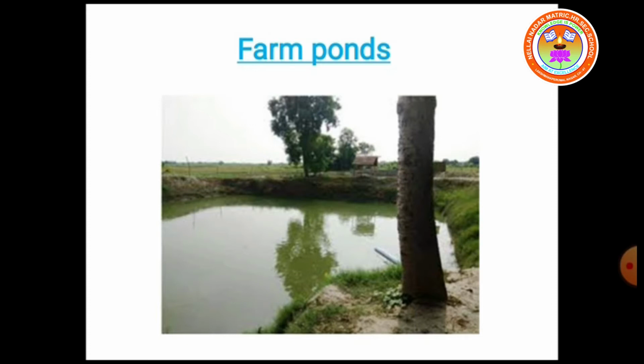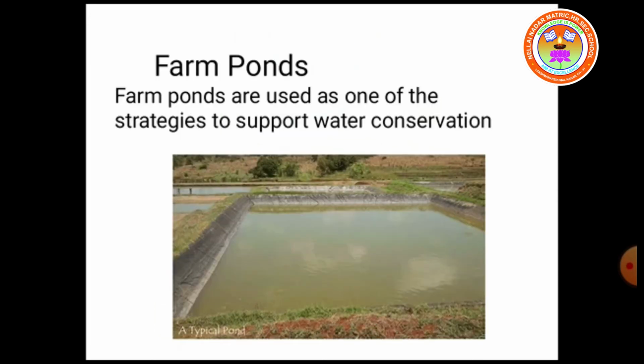Much of the rainfall runs off and will reach the farm ponds. The runoff not only causes loss of water, children, but also washes away the precious topsoil.